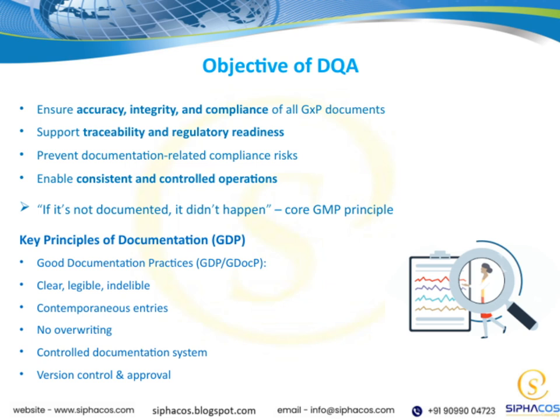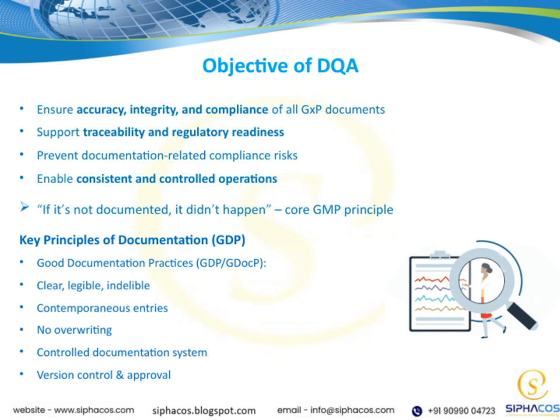Now, when we talk about the key principles of documentation under Good Documentation Practices, or GDP, the focus is on clarity and reliability. Documentation should be clear, legible, and indelible, meaning it should stand the test of time and be easily understood. Entries should be made contemporaneously, meaning at the time the activity occurs, to ensure accuracy.